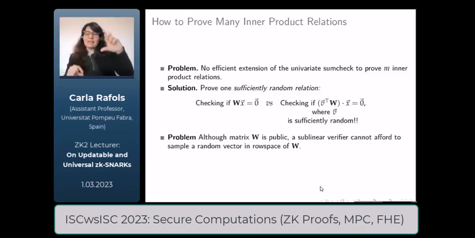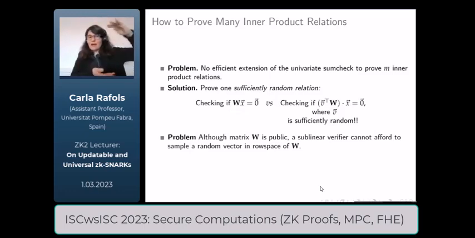And you have to think that this matrix that encodes the relation has as many rows as A. So it has as many rows as the number of gates of the circuit. So this matrix in general will have something like 2^30 or 2^20 rows. So we cannot ask the verifier to compute a linear combination of all these rows, okay?